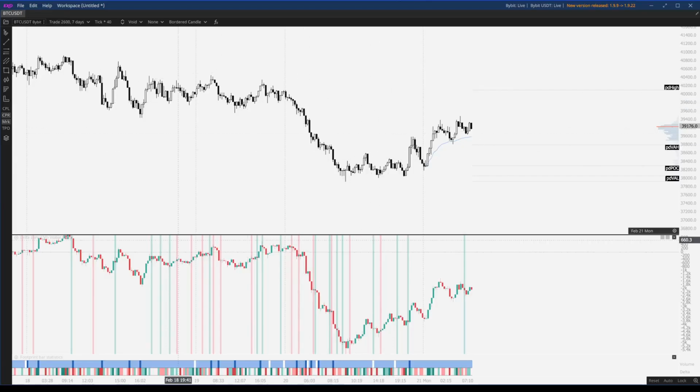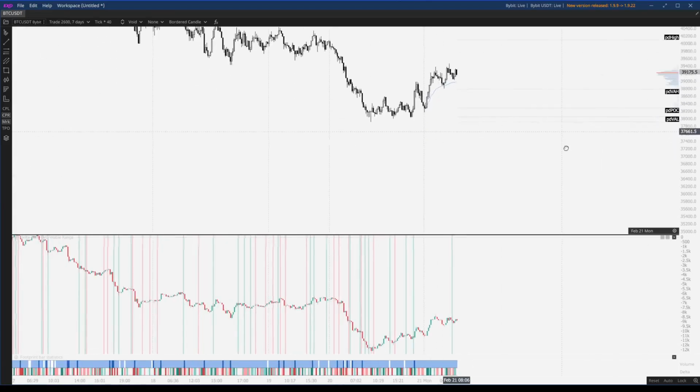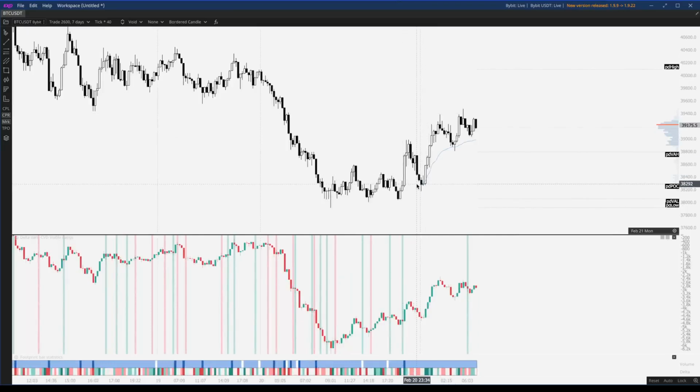Okay, so I know this was a long and maybe a little bit boring video, but I wanted to talk about this because, like I said, I might be completely missing something when it comes to using this on higher time frames.